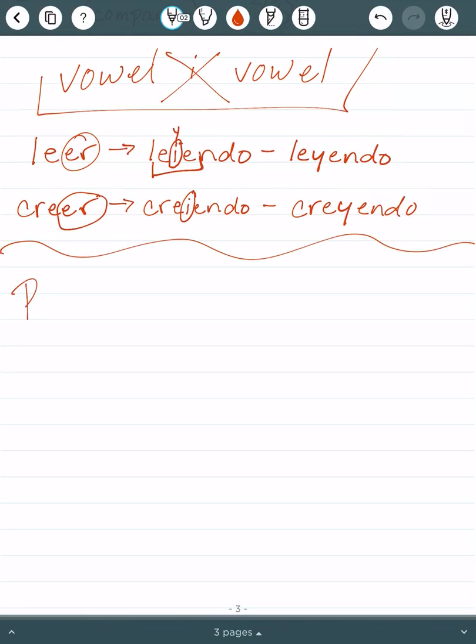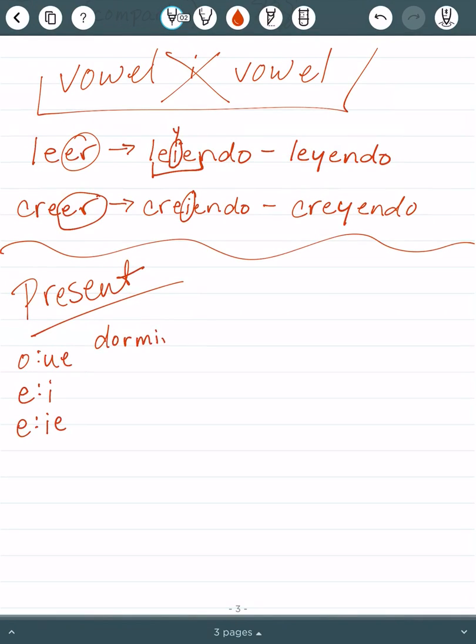So first off, we have to think in the present tense. And this has to do with stem change verbs. So we learned before break there are three main kinds of stem change verbs: O to UE, E to I, and E to IE. An example of one would be dormir, and that's one that you do actually need to go ahead and learn. So in the present tense, we learned that it's an O to UE verb.